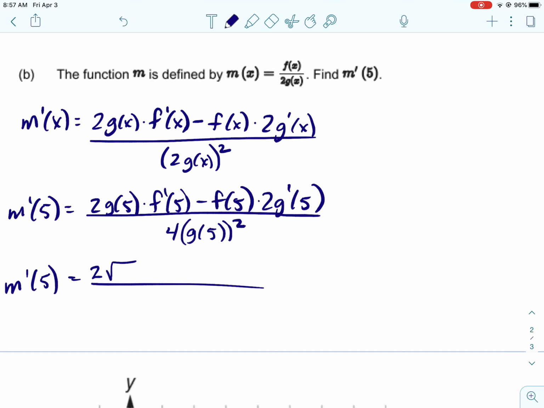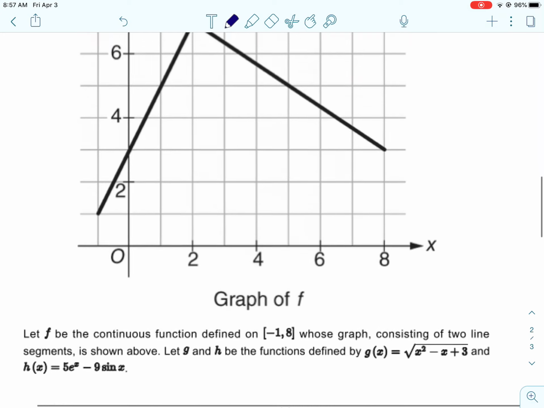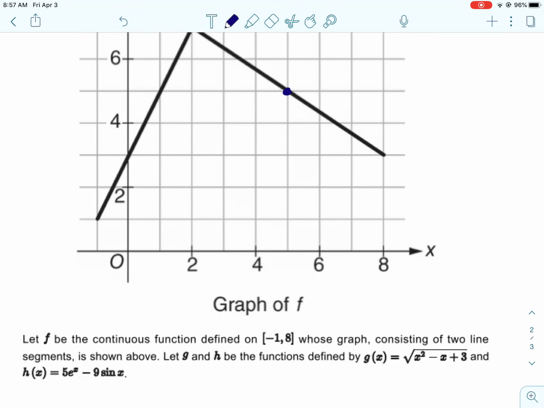And then let's figure these things out. So it's going to be 2, and then g of 5. Just to save on space, I'm just going to figure that out. So it's going to be 5 squared minus 5 plus 3. You could type that in the calculator, and so that's the square root of 23. Or you could get the decimal, it doesn't matter.